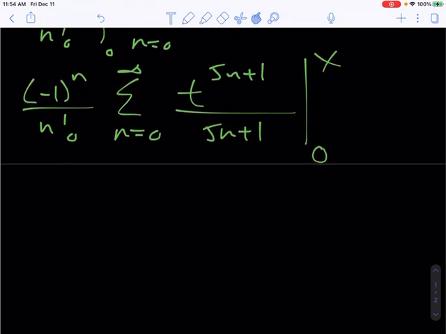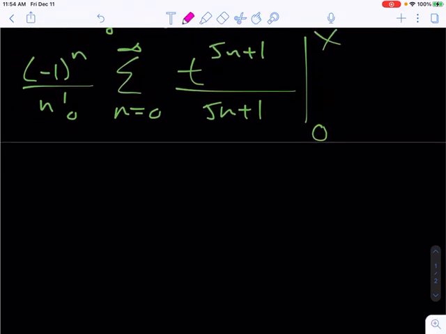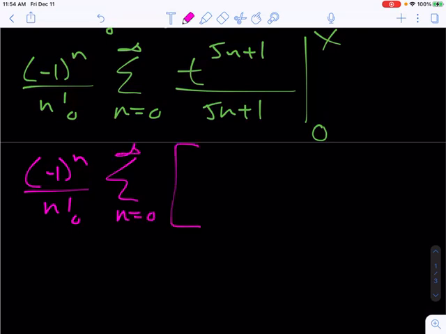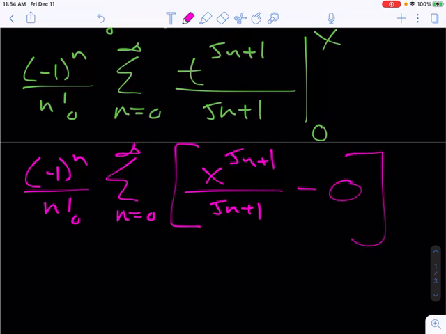So, evaluating that from 0 to x, we have negative 1 to the n over n factorial times the summation from n equals 0 to infinity of x to the 5n plus 1 over 5n plus 1 minus 0. So that gives us just x to the 5n plus 1 over 5n plus 1.